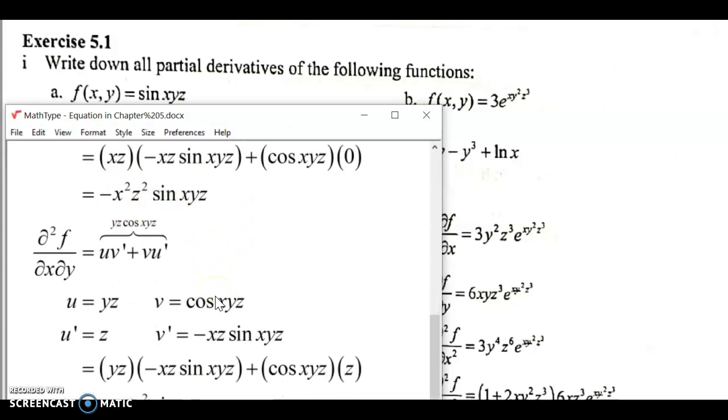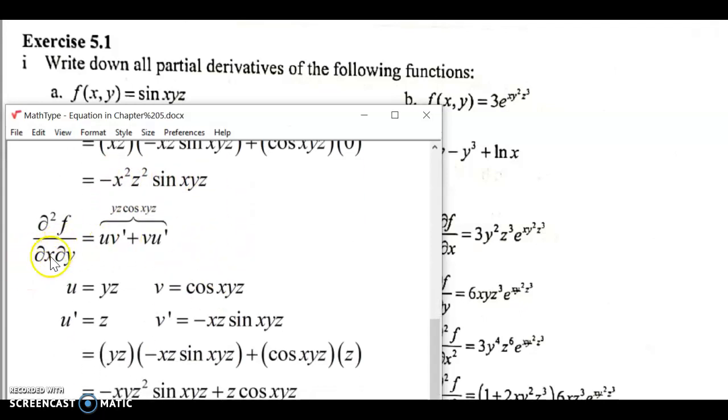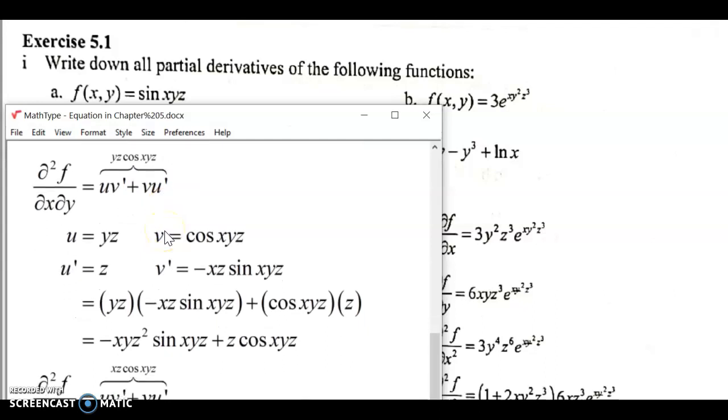And then for the mixed partial derivative, for this one we start with x, so we should use the first derivative of x, right? Conduct a product rule. So yz, and we derive it in terms of y. So yz, we have y here, so y becomes 1, and z is a constant, so that leaves us with z.